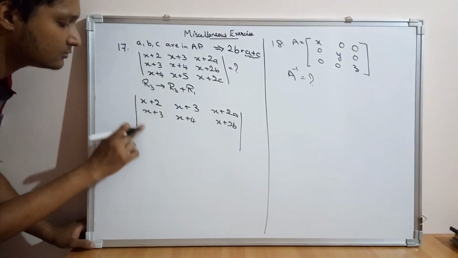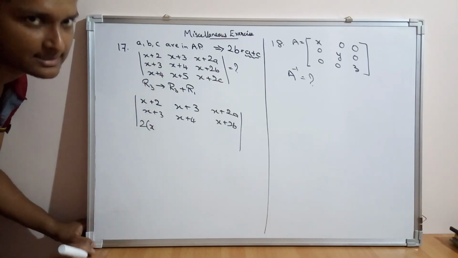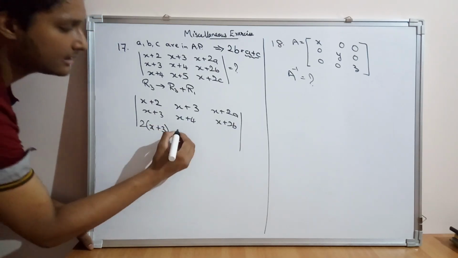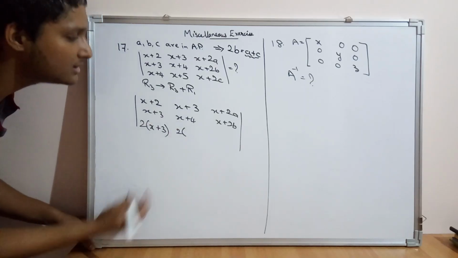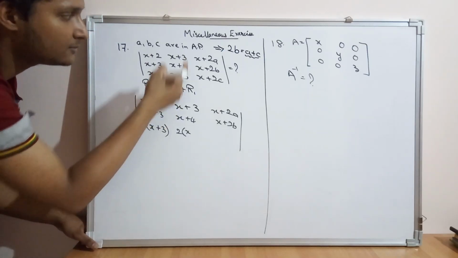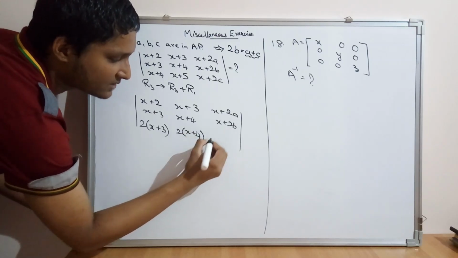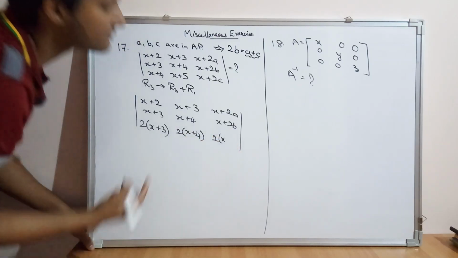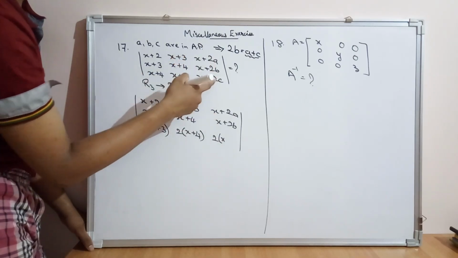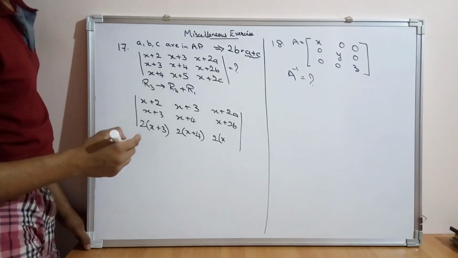Okay, I'll take 2 common because we will get 2x, and 4 plus 2 is 6, so I can write only 3 here. Again 2 also remains here, we get 2 common, so it was x plus x is 2x, so x here inside. 5 plus 3 was 8. If I take 2 outside, 4 will remain. Okay, similarly here, x plus x, I got 2x here. Then 2b plus 2c plus 2a, that is going to be c plus a inside.